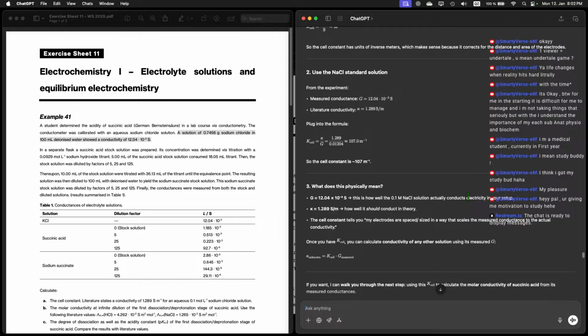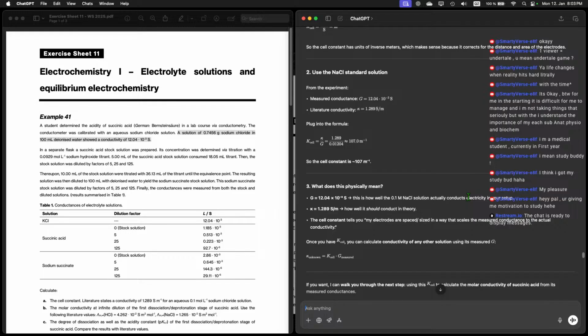Oh no. 0.289 divided by 12. So it's 107.056, 107.06 per meter.